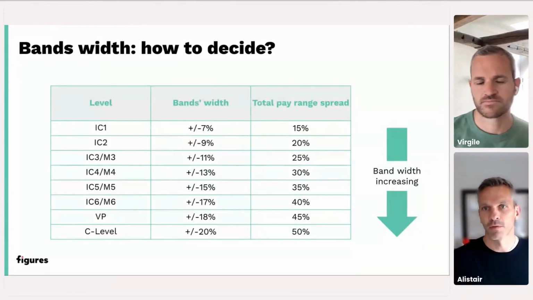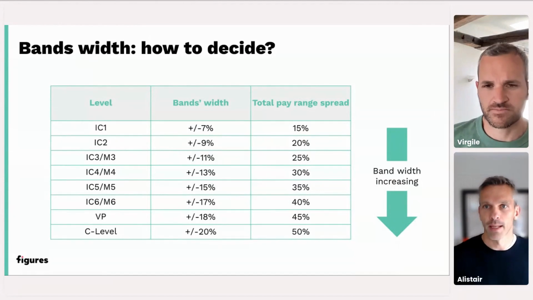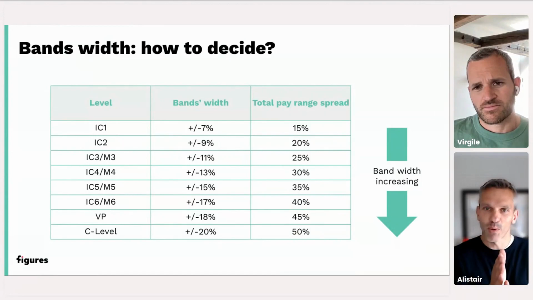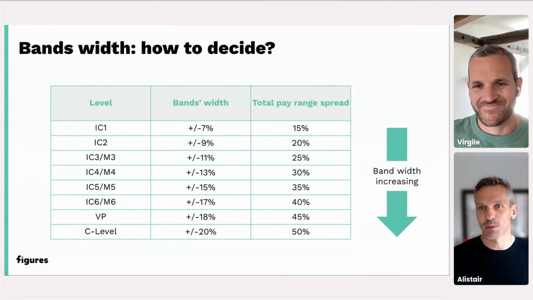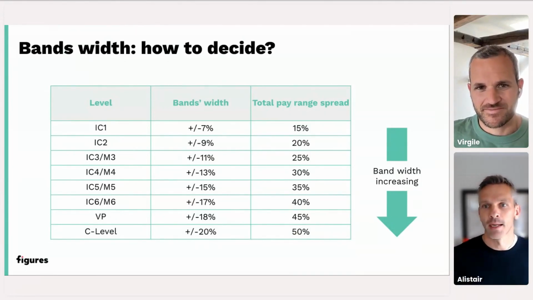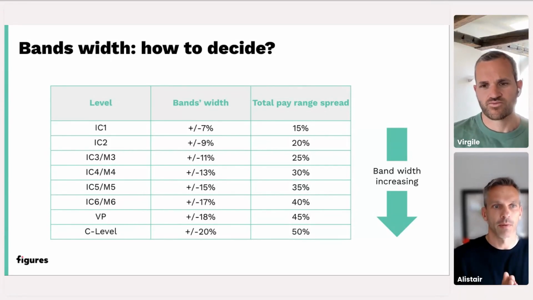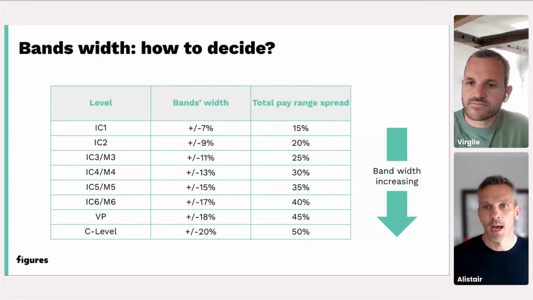And here are some rough examples of bandwidths, and then the corresponding bandwidths from the midpoint, and then the total pay range spread from the min to the max. In the senior levels, the bands are going to be wider as a reflection of higher complexity, more responsibility within that role, and taking longer to master.